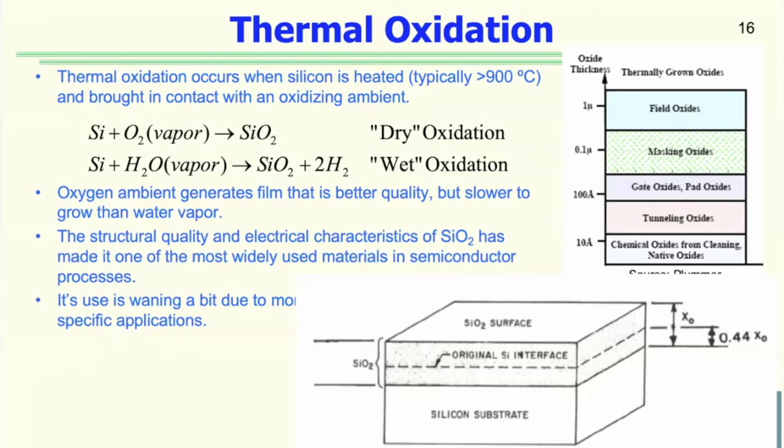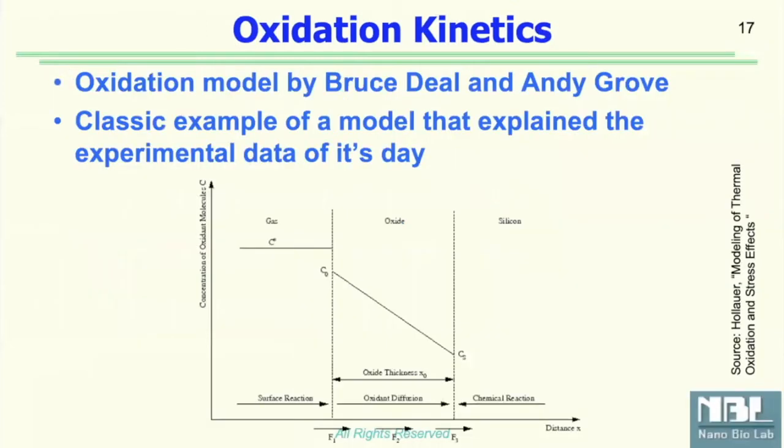When this oxidation starts, there's just silicon; it would consume silicon and turn into silicon dioxide, so you have the quartz kind of a network. But now the next oxygen has to squeeze through, has to diffuse through to get to the next silicon molecule. So this thickness goes up and the reaction goes down. How do we understand that?